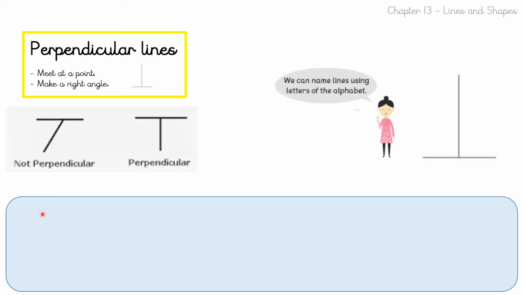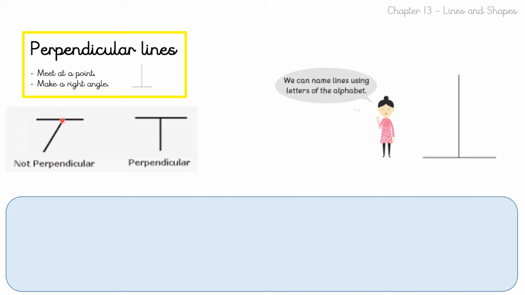So, we know that perpendicular lines are lines that meet at a point and they make a right angle. And here is an example. So here there are two lines that meet at a point and make a right angle. So these lines are called perpendicular lines. We can see here that these lines are also perpendicular, but these ones are not. Can you tell me why?